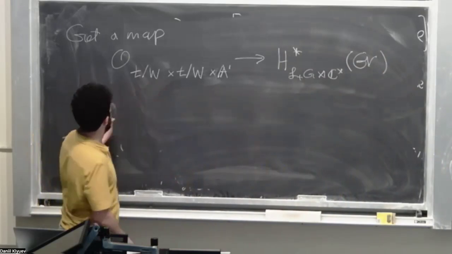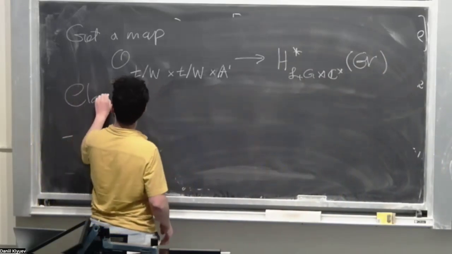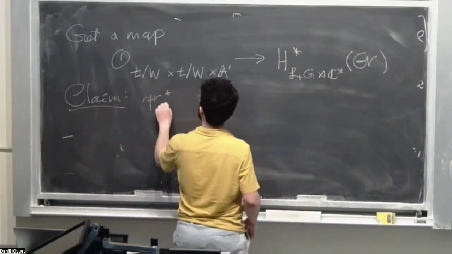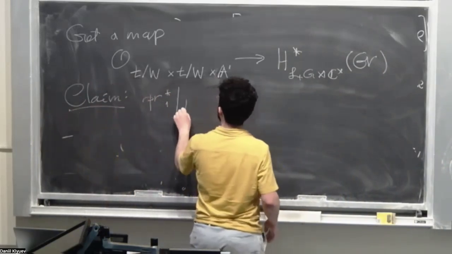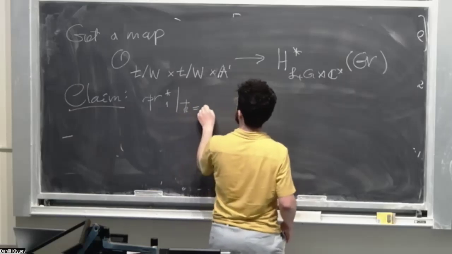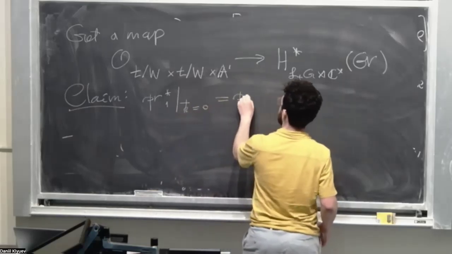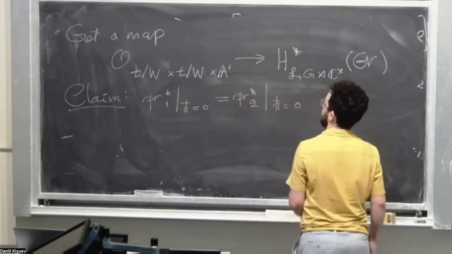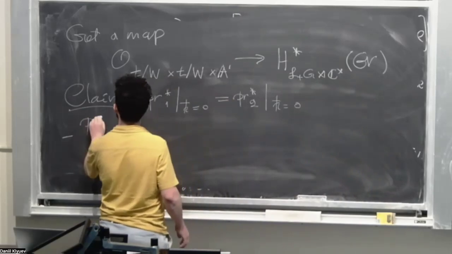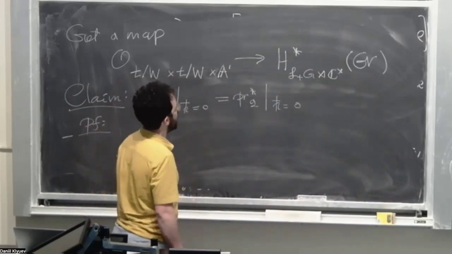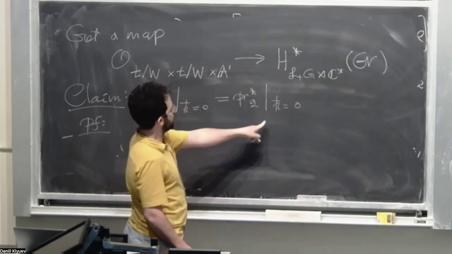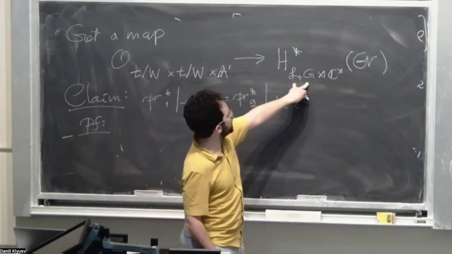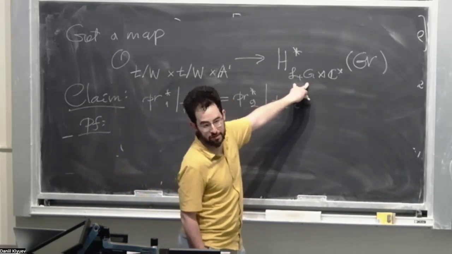Now, claim: the first projection restricted to H equals 0 is the same as the second projection restricted to H equals 0. Proof: restricting to H equals 0 is basically restricting to just the L plus G equivariant cohomology of the Affine Grassmannian.